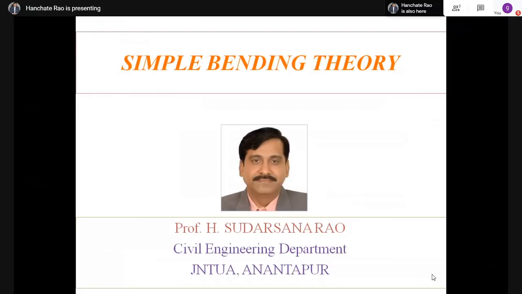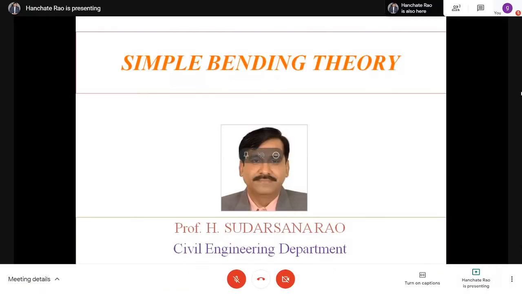Mr. Shashank 199727 at gmail.com asks: Sir, what is the difference between point of inflection and point of contraflexion? Mr. Shashank, I have already explained this. The point of contraflexion is the point where the bending moment changes its sign, maybe from sagging to hogging or from hogging to sagging.